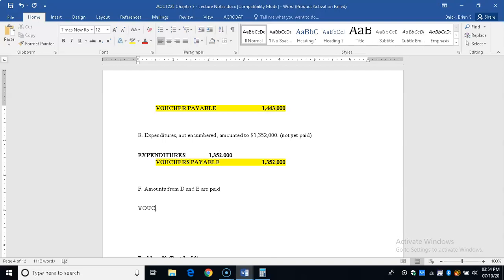Okay, so you're going to debit vouchers payable, $2,795,000. And you're paying, so you're going to credit cash $2,795,000. And that is the answer.